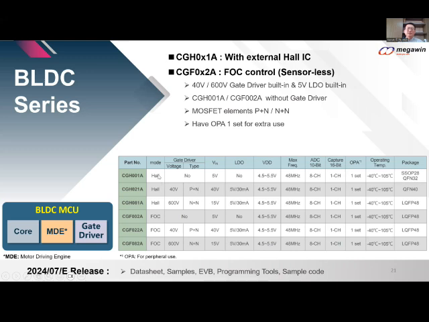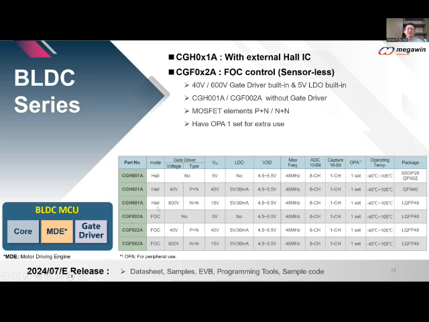So you can see, for the Hall sensor solution the part number will come with CGH, and the FOC will come with CGF. So very easy to remember.